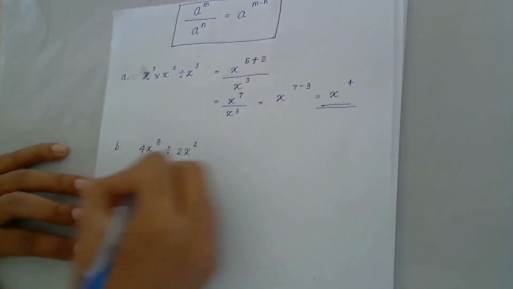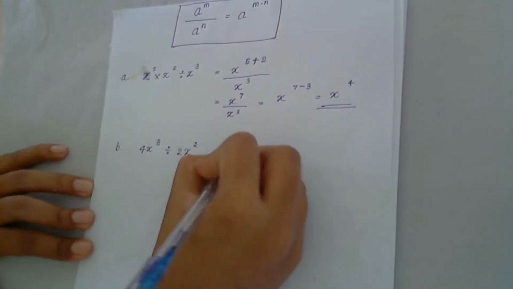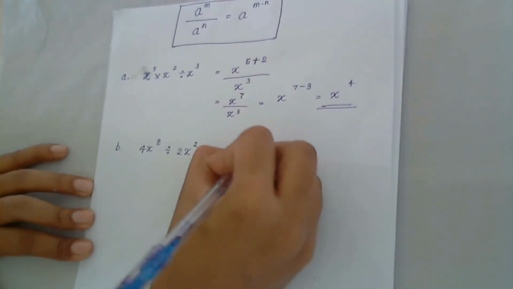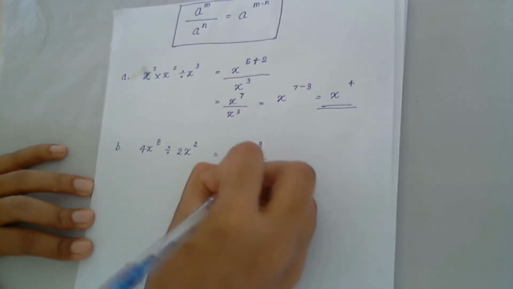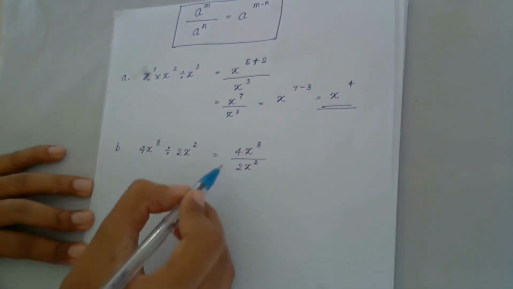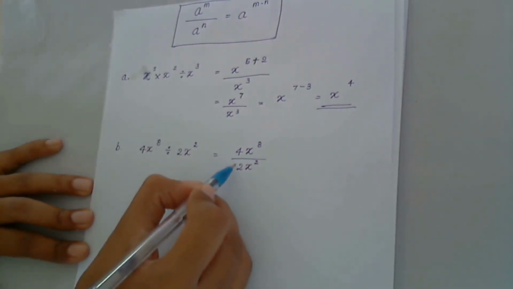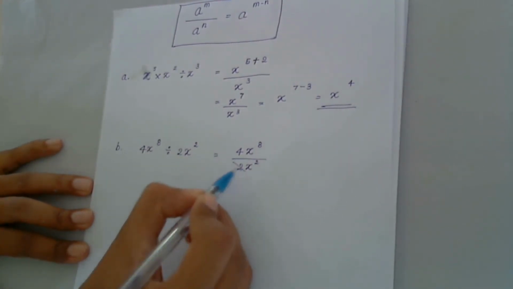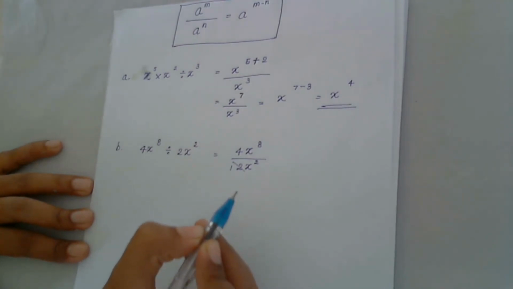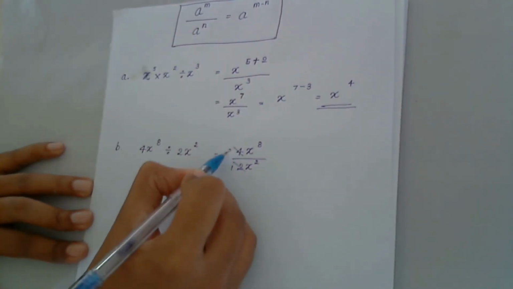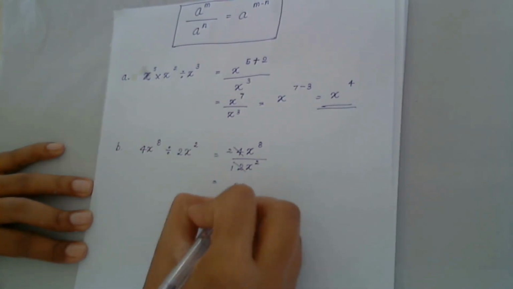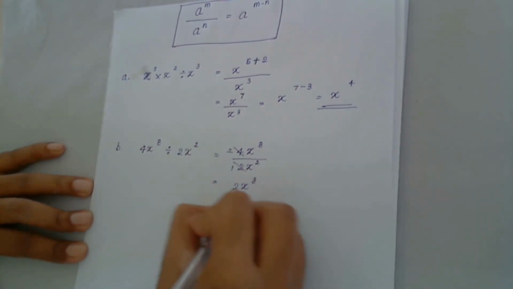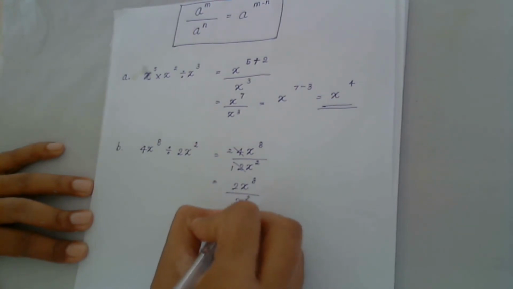Now we can write it like this: 4x to the power 8 upon 2x to the power 2. We have numerical values in here. We can remove the common factors. For 2 we have 1, then for 4 we have 2. And when we simplify it, 2x to the power 8 upon x to the power 2.